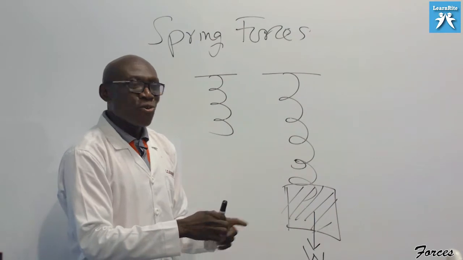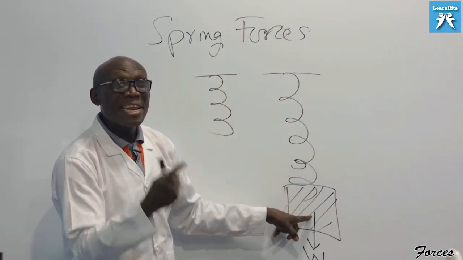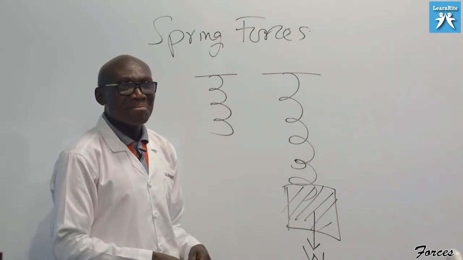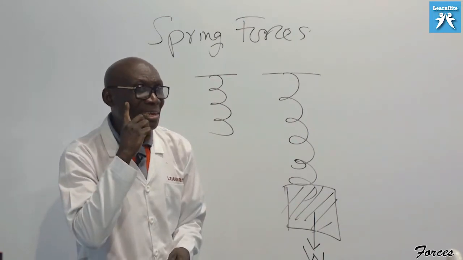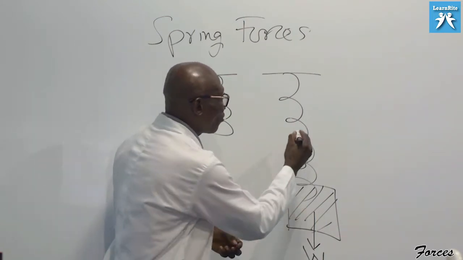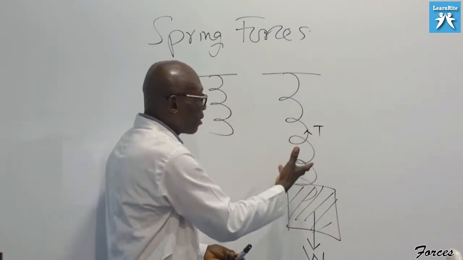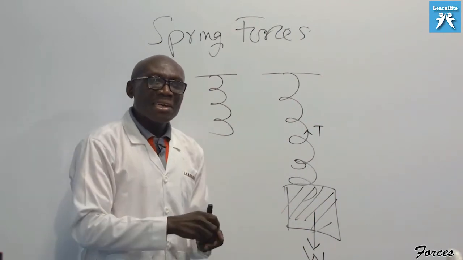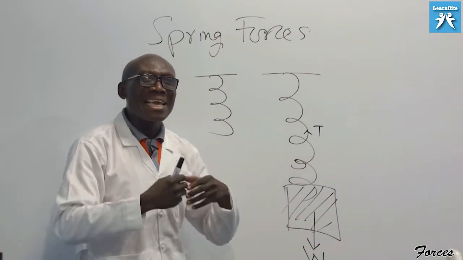If the spring will also want to exert a force on this body in a way to oppose this force, then that force is simply tension. Do you remember that? It is the tension in this spring that will try to restore the spring back to the original state. This body will not just exert force on the spring and get away with it.